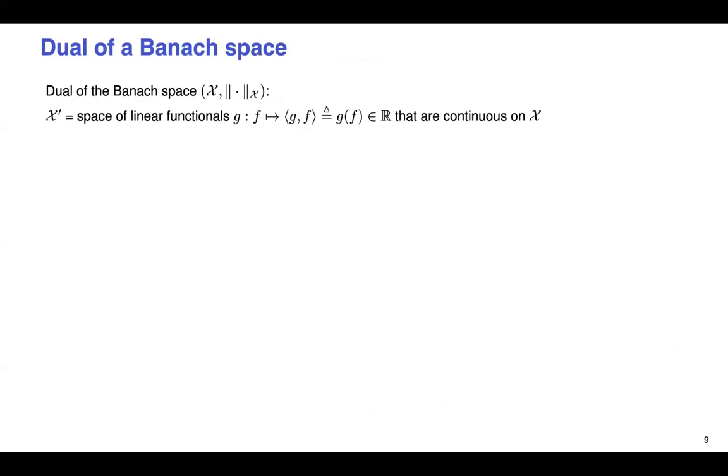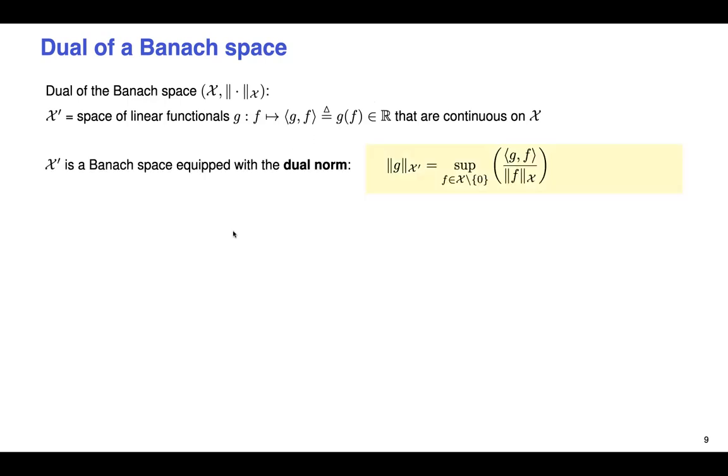Now, there's also the notion of a dual of a Banach space. Formally, at an abstract level, this is just the space of all continuous linear functionals that are acting on the Banach space. You can write it as a linear functional acting on a member of the Banach space, but we prefer to indicate it here with the duality product. This gives you just a number associated to every member f of your Banach space, and this is continuous.